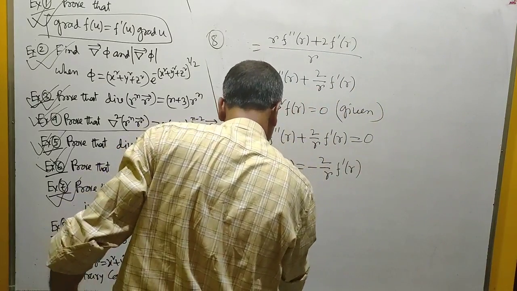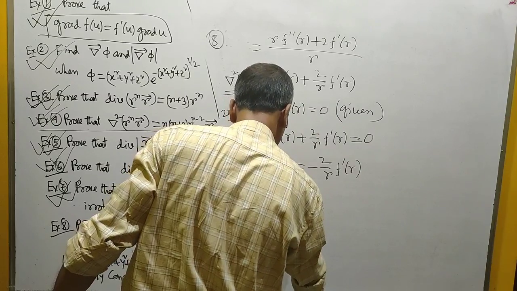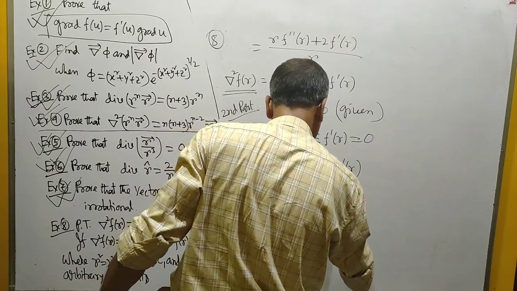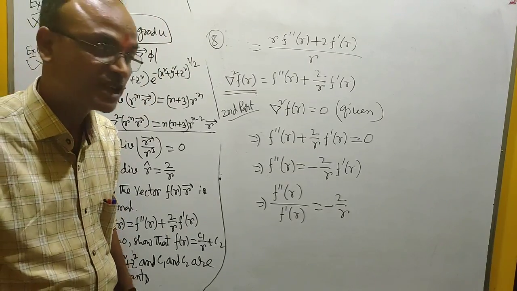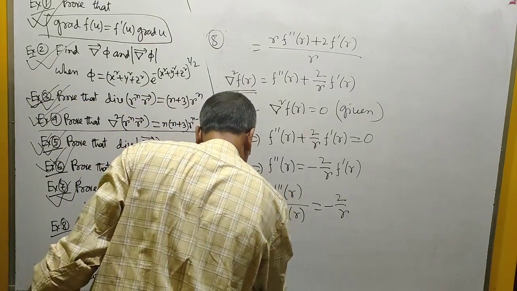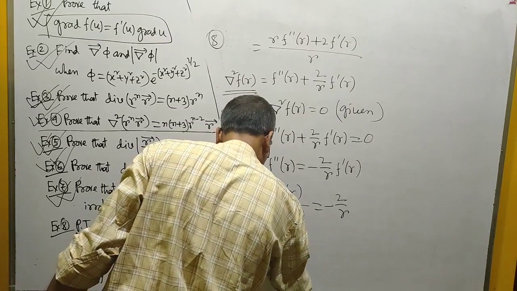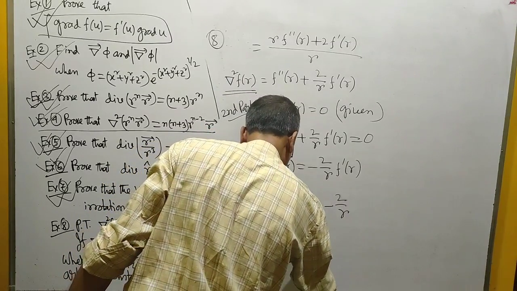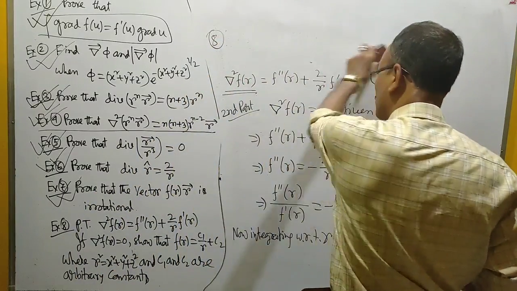This means f double dash r divided by f dash r equals minus 2 by r. Now integrating with respect to r.